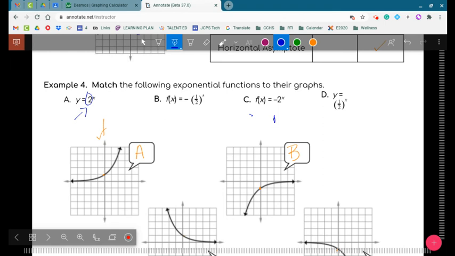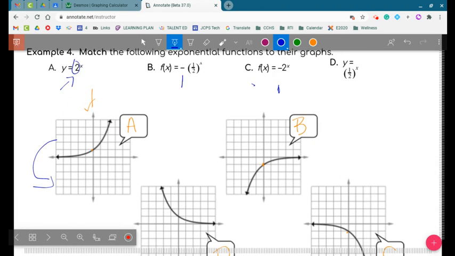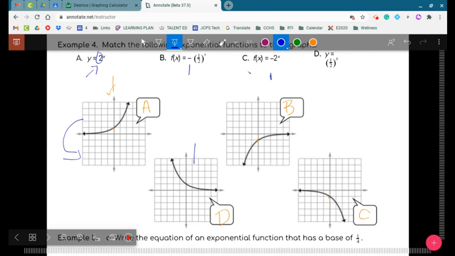Once it's flipped over this line, it matches C. And then B and D are similar besides the negative. But since your base is a 1/2, that's why D is going down. Like I said, your parent function always crosses at (0, 1), and whenever it's reflected over the x-axis, it becomes B.